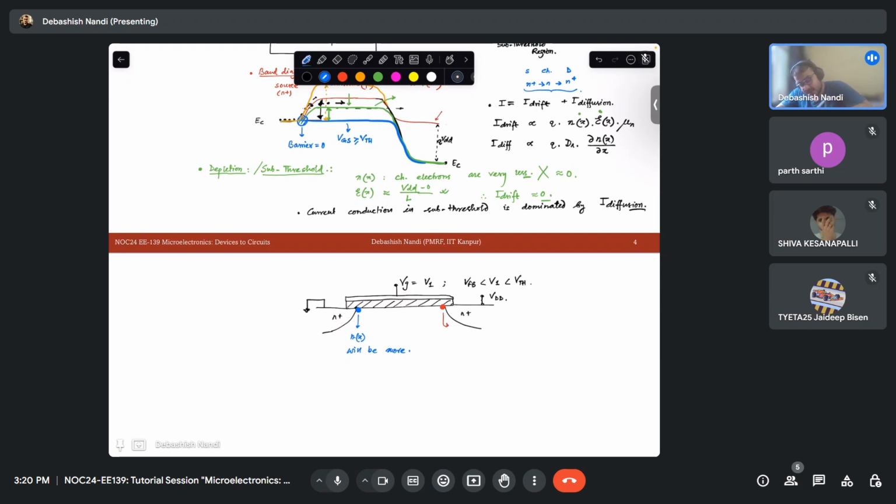Let's say this is n of s of x, and this is your n of d of x. And why am I telling that? Let's say VDD is around 1.2 volt, and VTH is around 0.4 volt, right? So less than 0.4 volt, let's say my V1 is around 0.3 volt. Okay. So what is the difference at this point at the drain end?